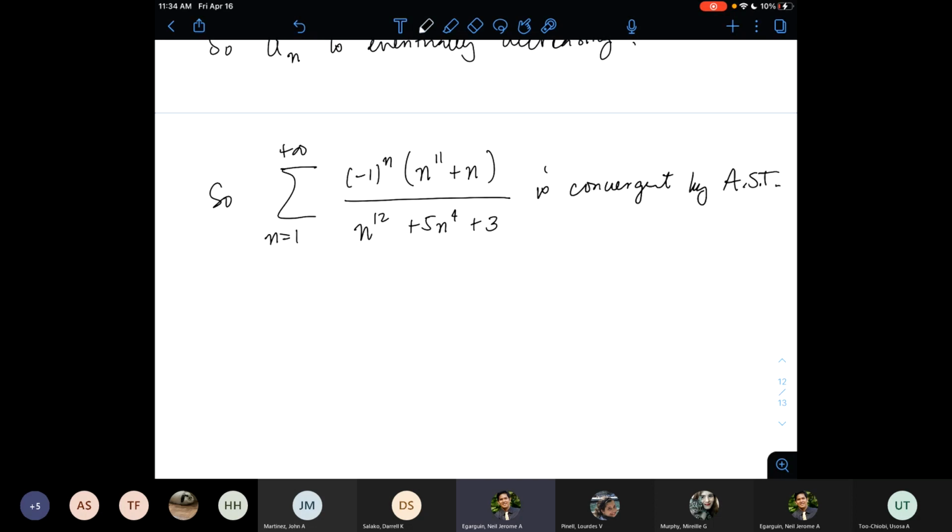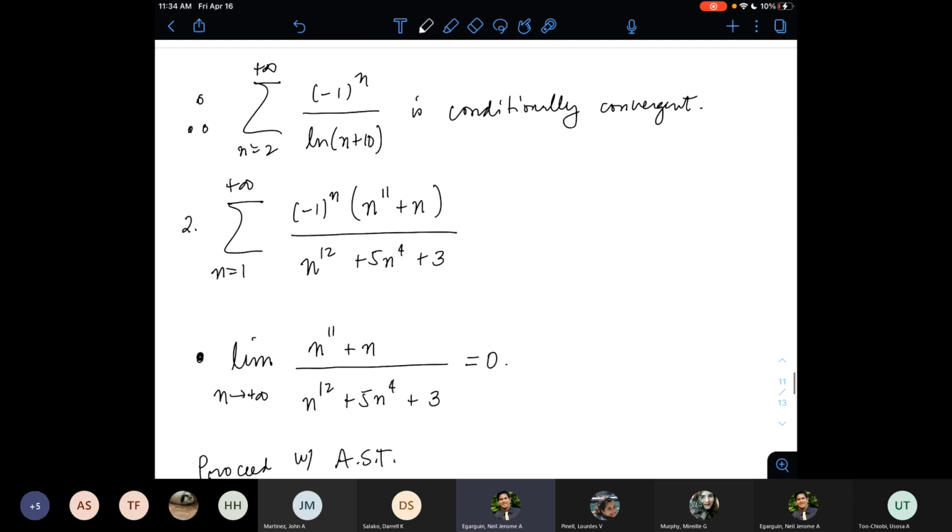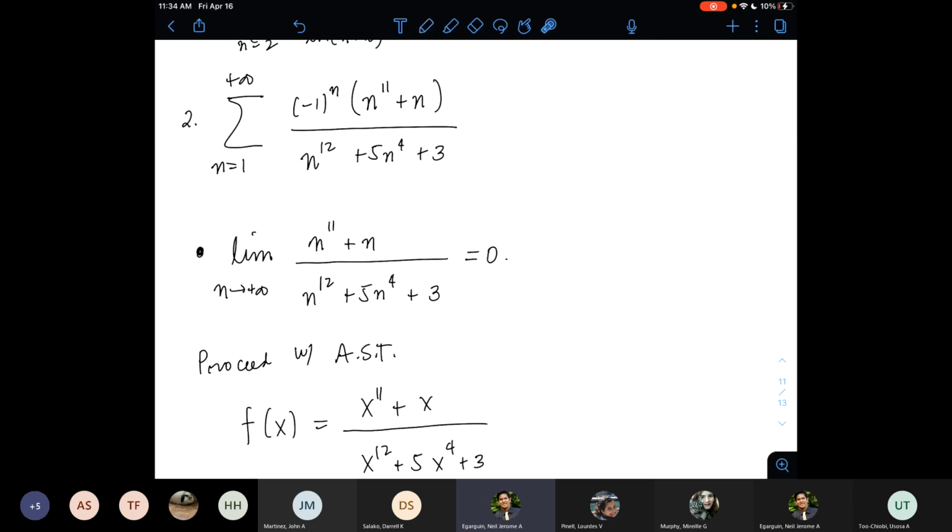Well, Herson, the denominator, yeah, the denominator will grow faster, but essentially this will go down to 0. But again, we need to make sure that this is decreasing, because that's only one part of the AST. What you're saying there, Herson and Maria, is actually covered by the first statement, that the limit will be equal to 0.